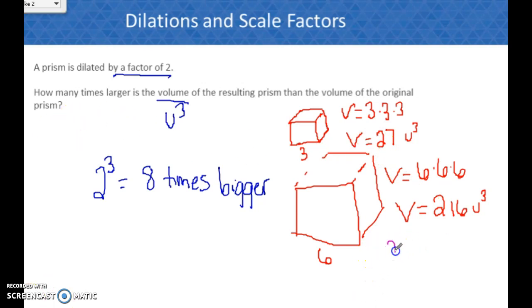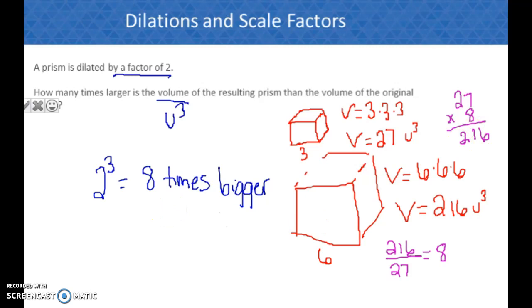I could say 216 divided by 27, and that tells me 8. In other words, I could take 27 and multiply by 8, and it would give me 216. So when the question asks how much bigger, it's going to be 8 times bigger.